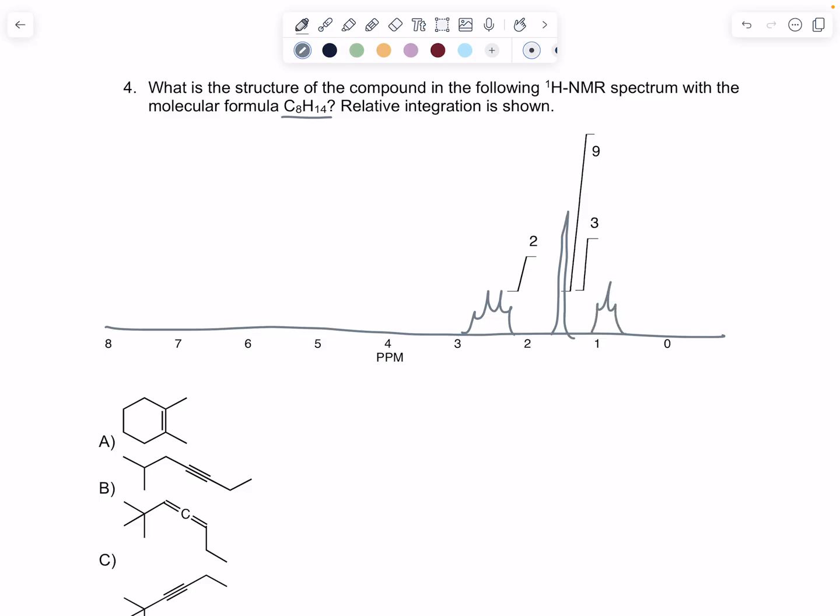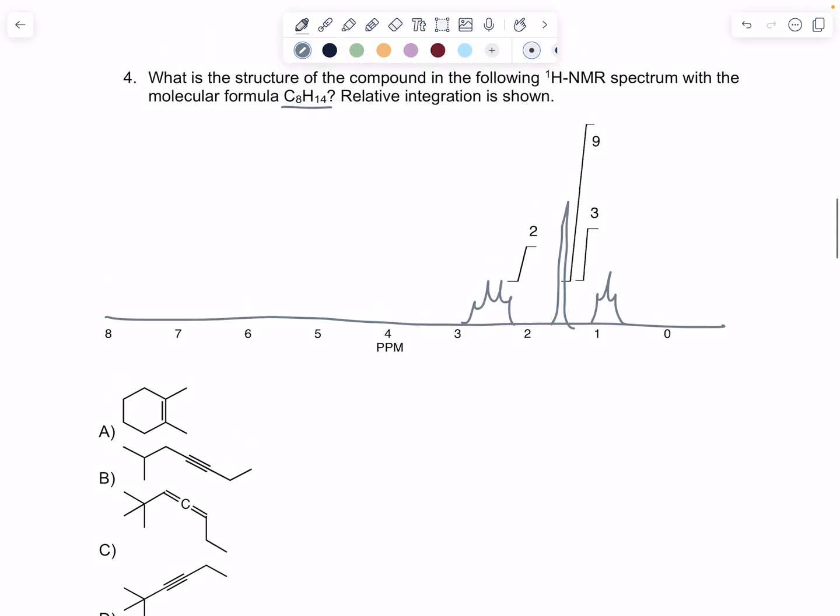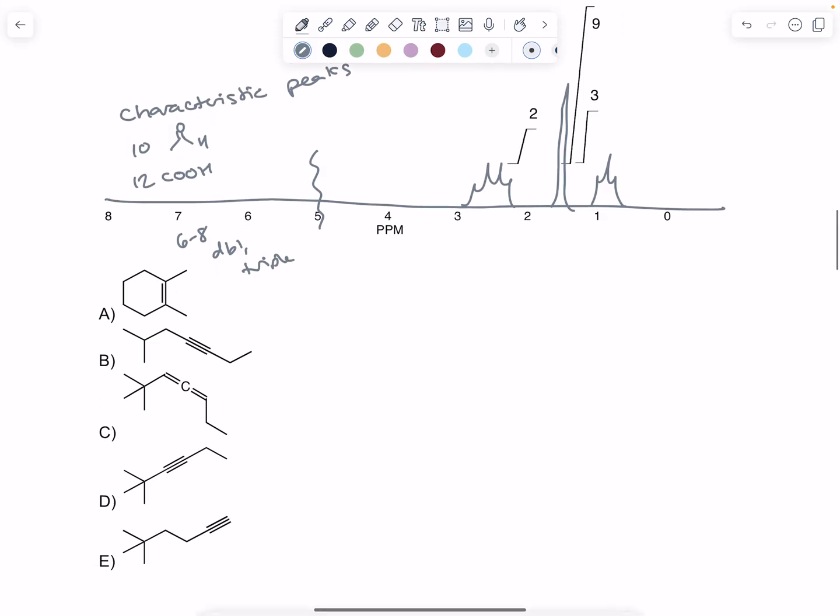Okay, so the first thing I'm thinking is there's not very many peaks here. I always first cut off around 5, and anything above 5 can have some characteristic peaks. Like 10 is aldehyde, and 12 is carboxylic acid. 6 to 8 is usually double or triple bonds, if there's a hydrogen off of them, or aromatic.